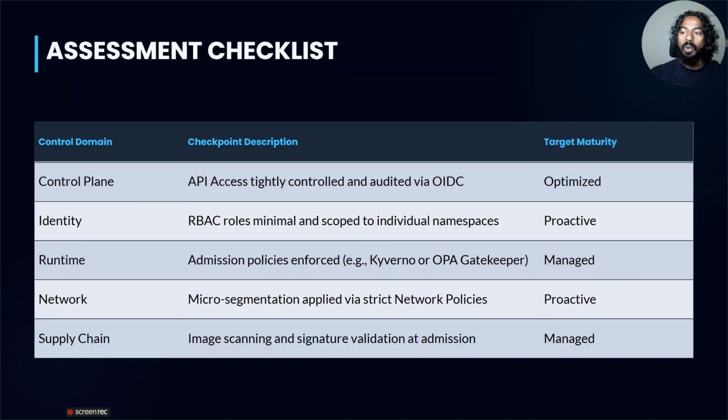And okay, this checklist is not for compliance as usual. Keep this as your thinking tool, right? So if API access is loose or your RBAC is broad, admission controls are missing completely, and as we spoke, if the network is flat, the secrets are unmanaged, CI/CD is over-trusted or your logs are weak, then the architecture is fragile, right?